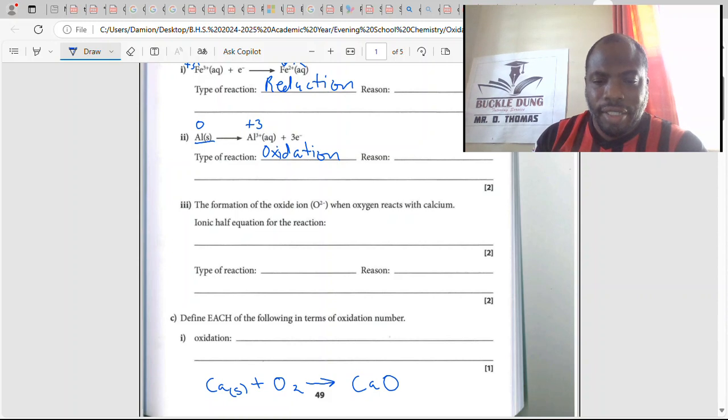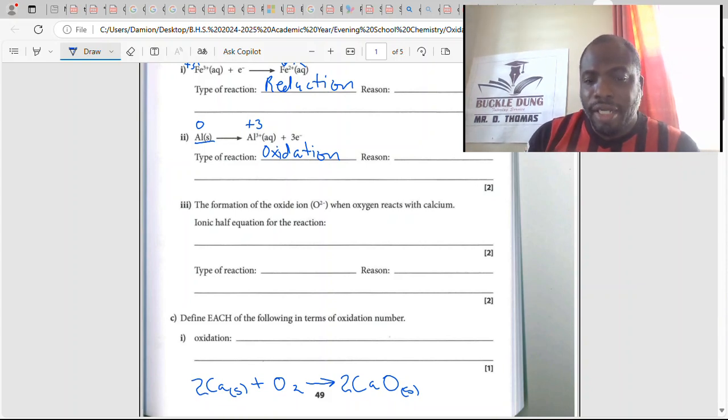So calcium reacting with oxygen, we know we get calcium oxide. And just to balance this, we have 2 oxygens here. Put a 2 there. Now we have to balance the calcium. We put a 2 here. Now, the question never asks you for this.